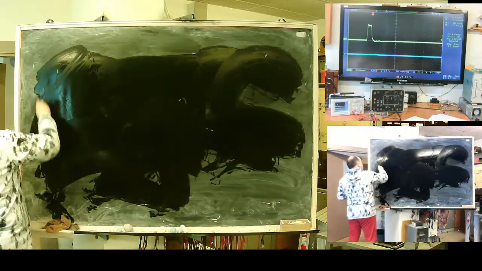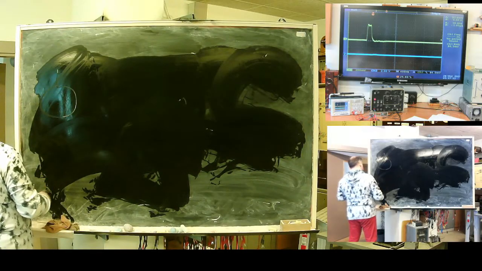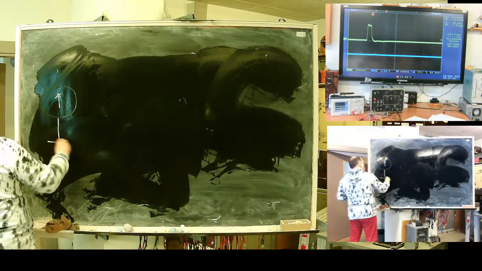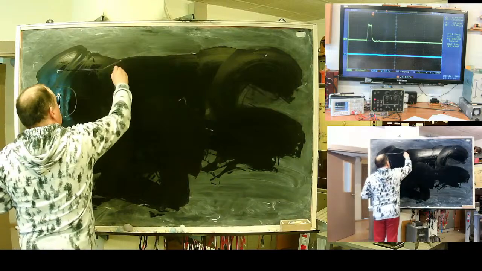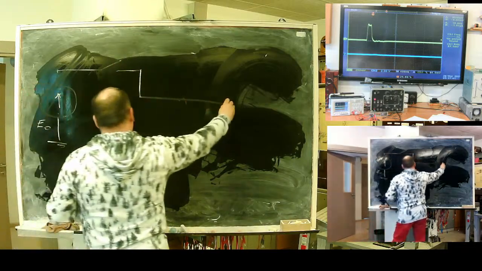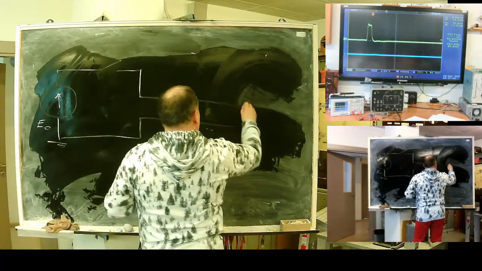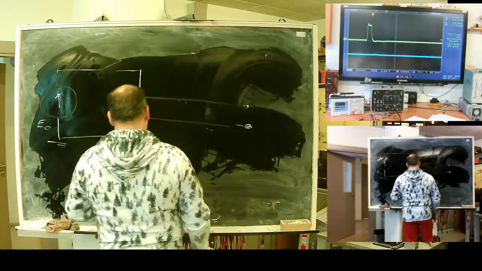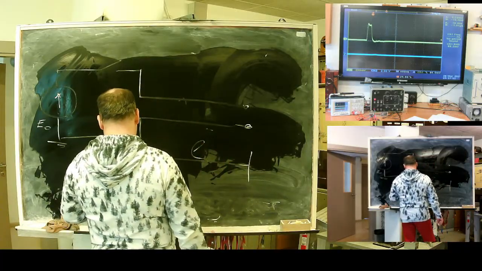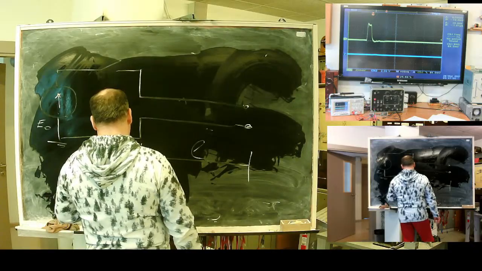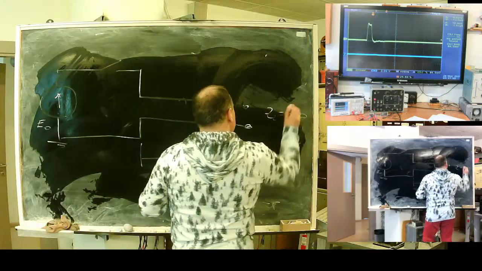Let's say I have a source E0, it will switch on to my line, a line of length A, and here is infinite.